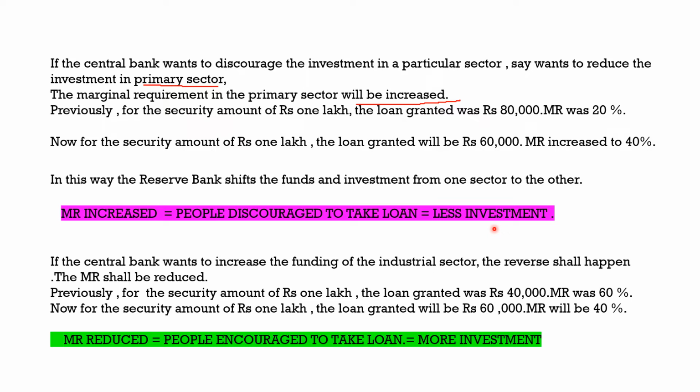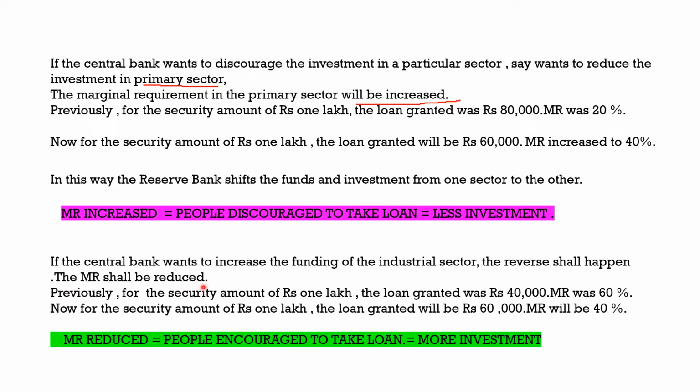So if the RBI wants to discourage people in one particular sector, it will increase the marginal requirement of that particular sector. So what will be the net effect? Less investment will take place, which was intentionally done by the RBI. Now, if the central bank wants to increase the funding of the industrial sector, say it wants to promote the industrial sector, the reverse shall happen. What will happen?